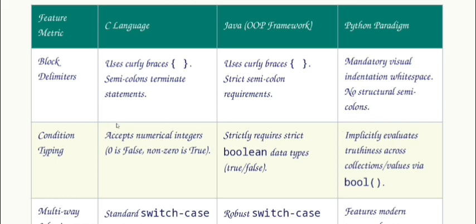Condition type. In C it accepts numerical integers. 0 is false, non-zero is true. Java strictly requires Boolean data types, true or false. But Python implicitly evaluates truthiness across collections or values via the bool.